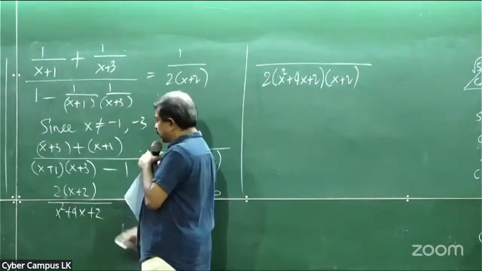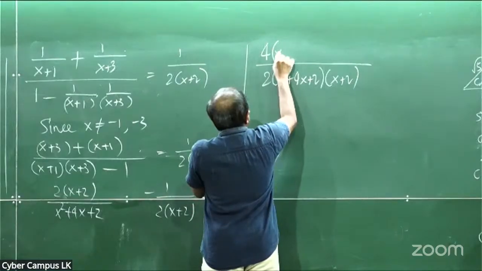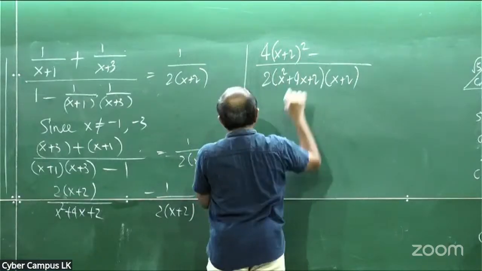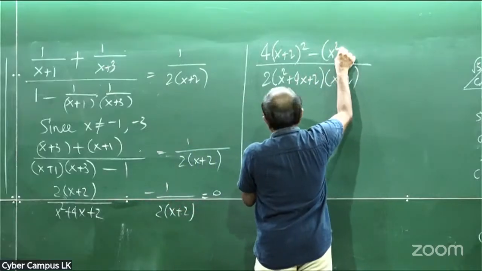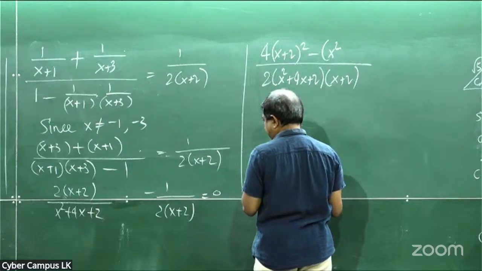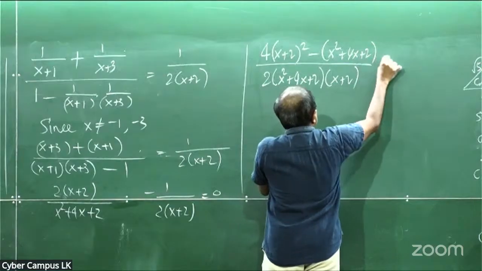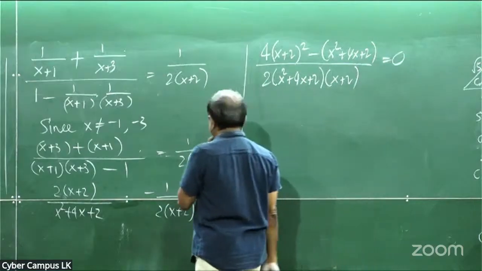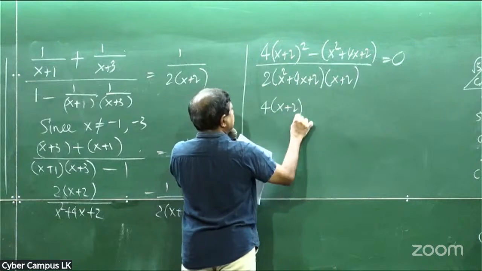These two will go like this 4 times. Here you get x squared plus 4x plus 2. Therefore, the upstairs should be equal to 0.